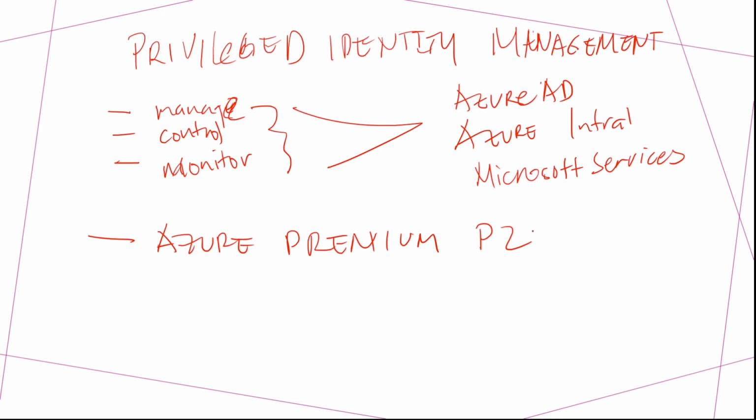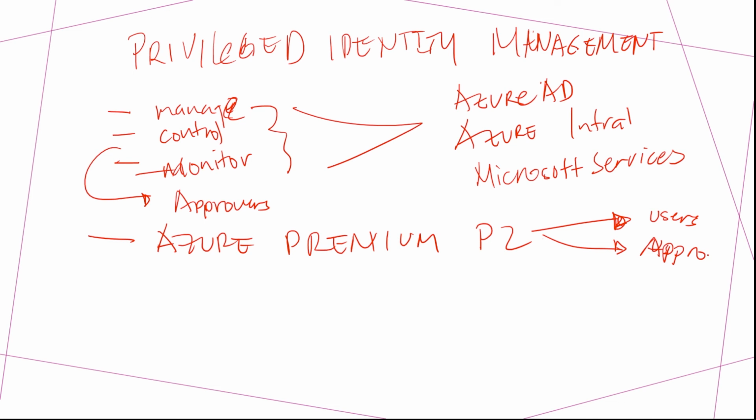So the P2 license, you'll need that on the users that will be using PIM. So users, and if you have, as I've shown earlier, approvers to monitor, they will need that license assigned.